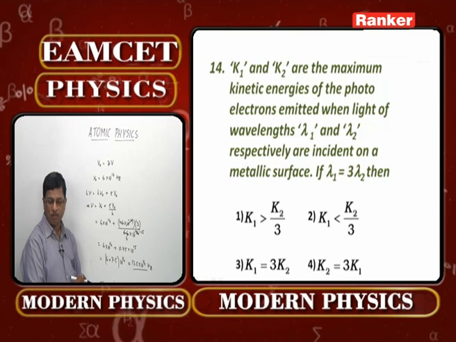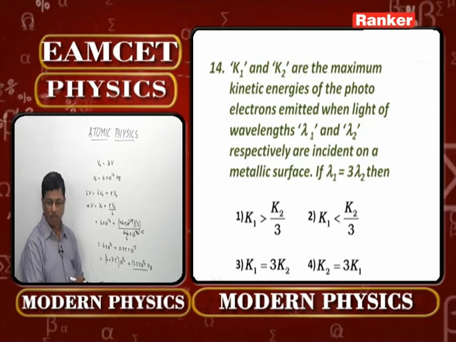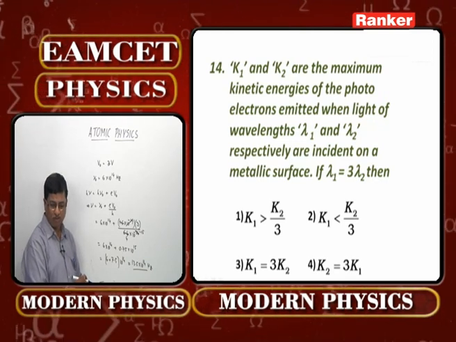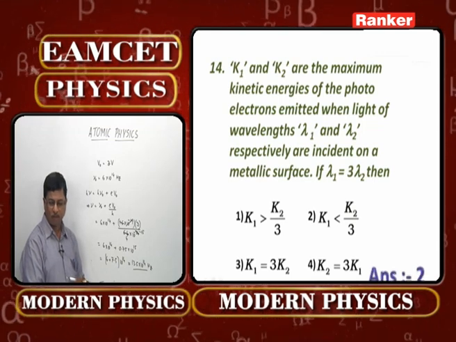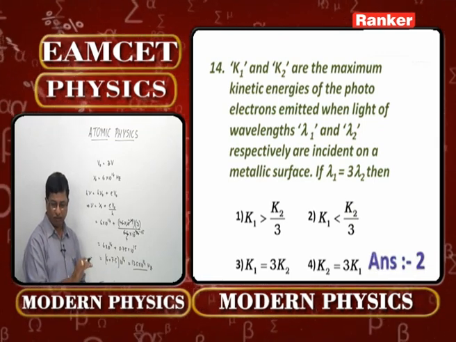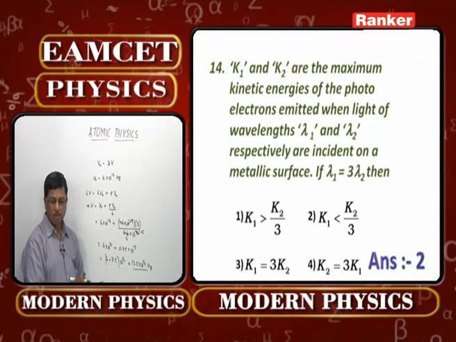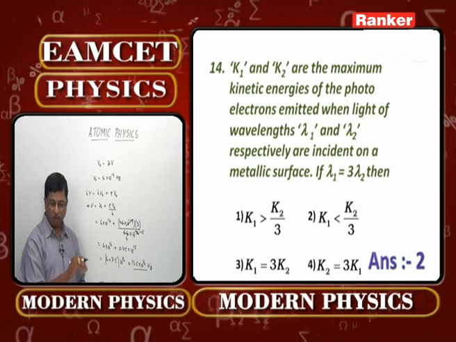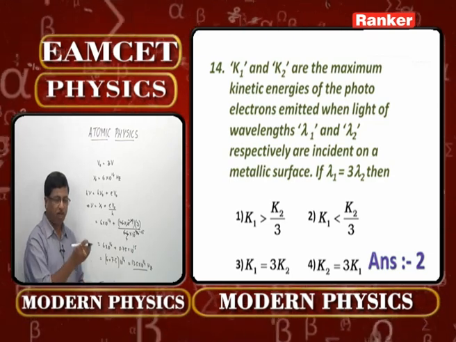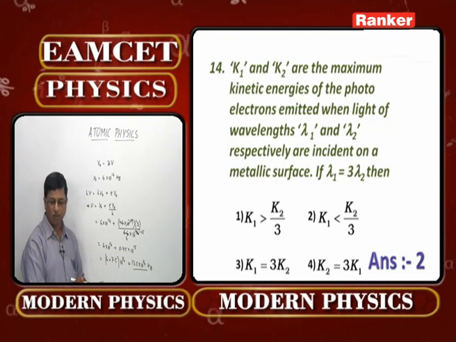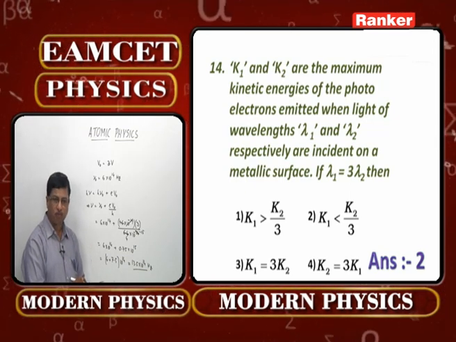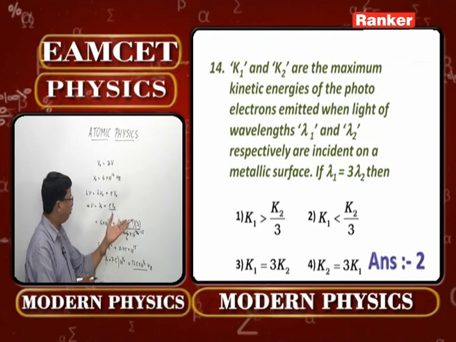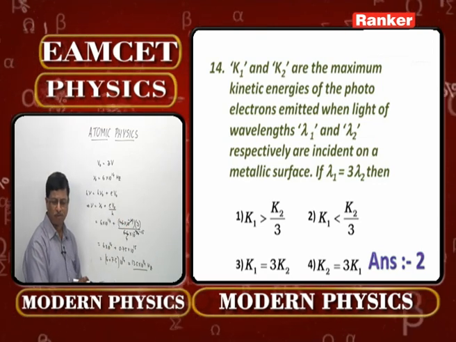In the sense K1 should be less than K2 by 3. Look at those options, please. The very first option is given and second option will be the correct one. Since lambda is becoming 3 times, K becomes 1/3. That in fact in what manner? It should be a little less than that. So K1 should be less than K2 by 3. That is the corresponding option. No calculation is needed for this question in fact.